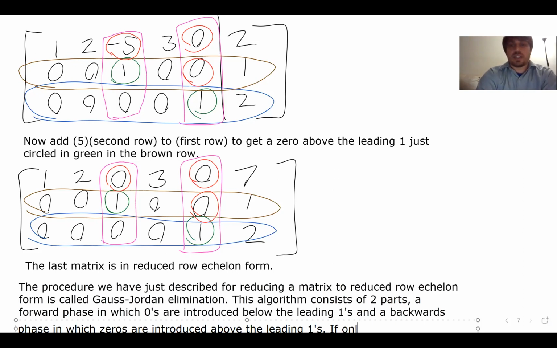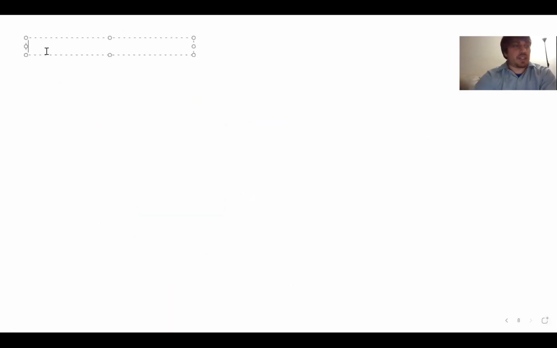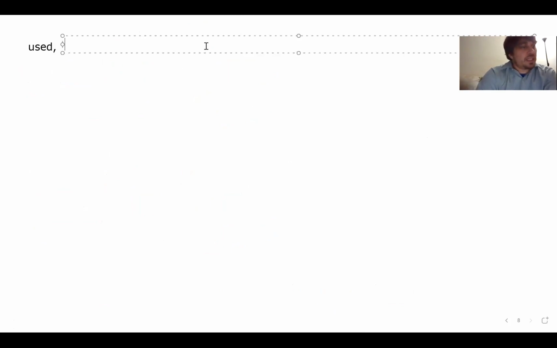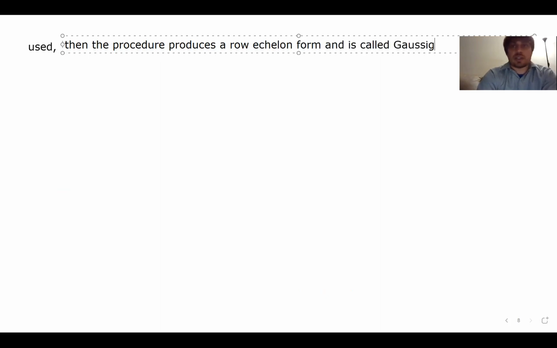Okay, I'm going to go to the next page now. If only the forward phase is used, and the procedure produces a row echelon form, it is called Gaussian elimination.